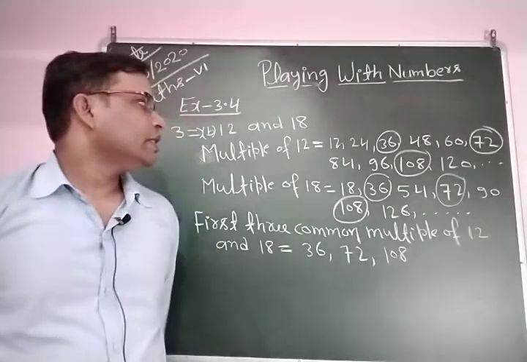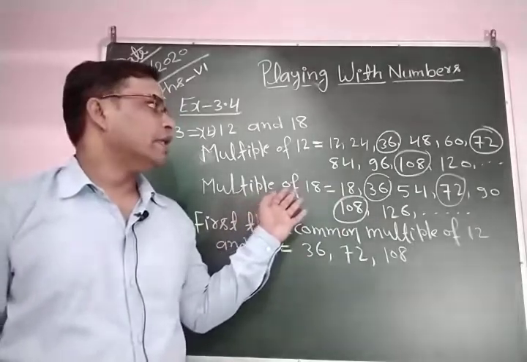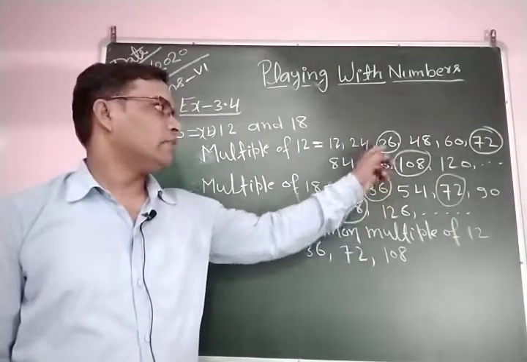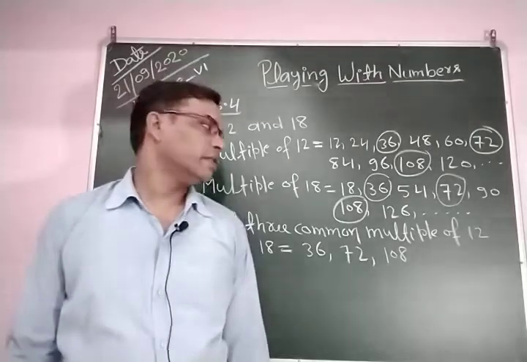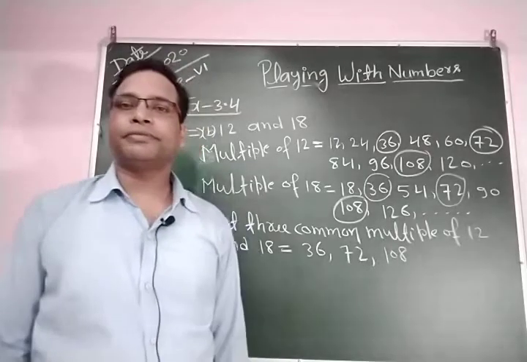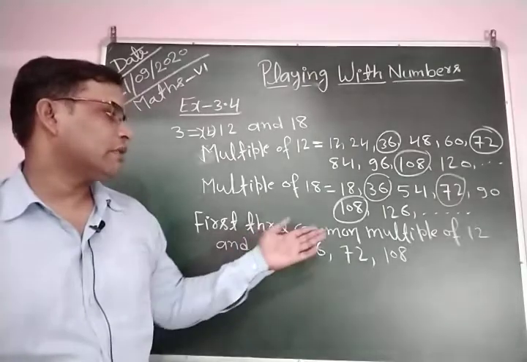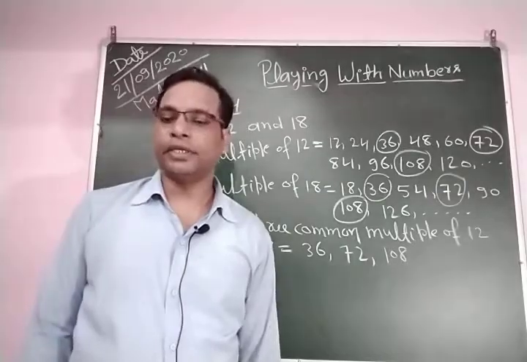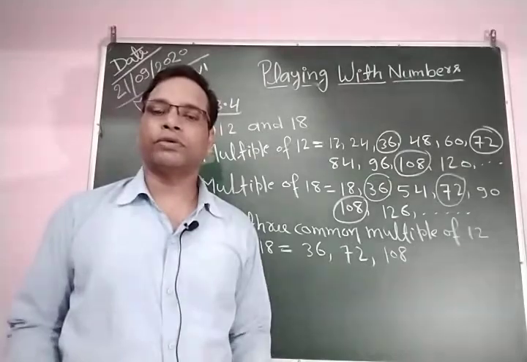So the first three common multiples of 12 and 18 are 36, 72 and 108. Now we are going to discuss the next question, question number 4.